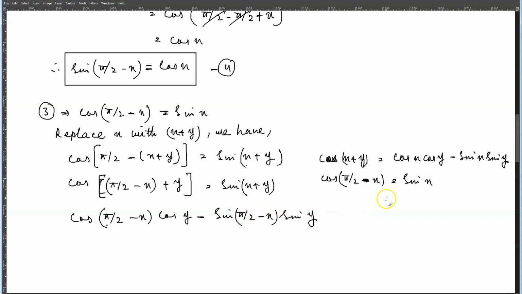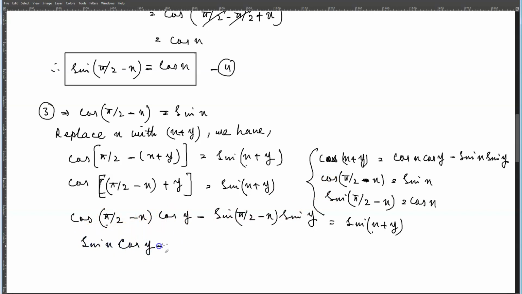And sine of pi by 2 minus x is equal to cos x, right? And this is equal to, of course, sine of x plus y, right? So now cos of pi by 2 minus x is equal to sine x.